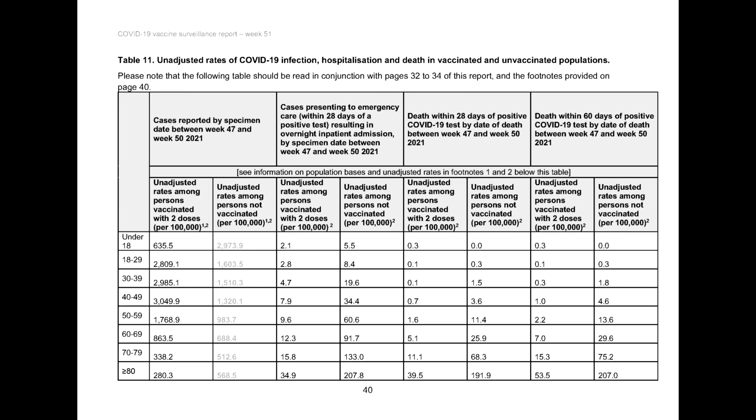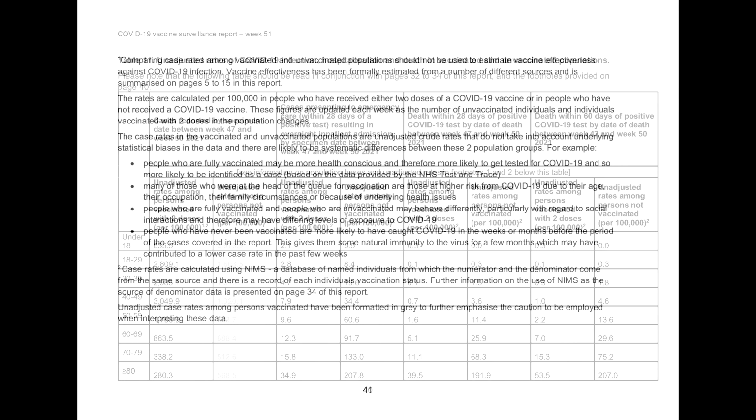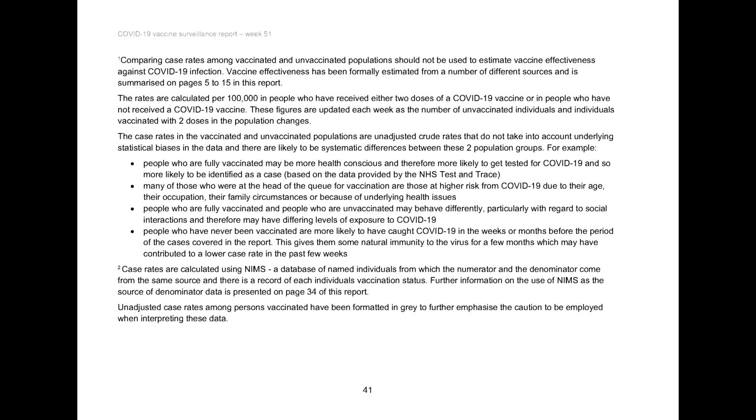That may be why, in this table, which is where I think they get it from, table 11, it shows 34.9. Is that percent? And what are the notes below? The notes below are comparing rates of vaccinated and unvaccinated should not be used to estimate vaccine efficiency. The rates are calculated per 100,000 in people who have received either 2 doses of a COVID vaccination or in people who have not received a COVID vaccination.